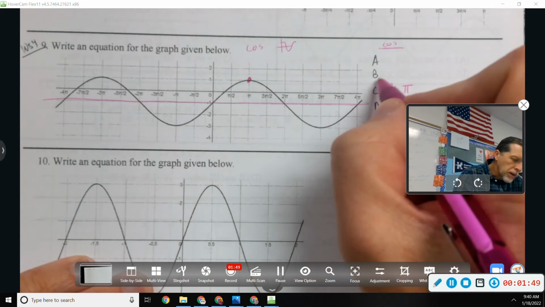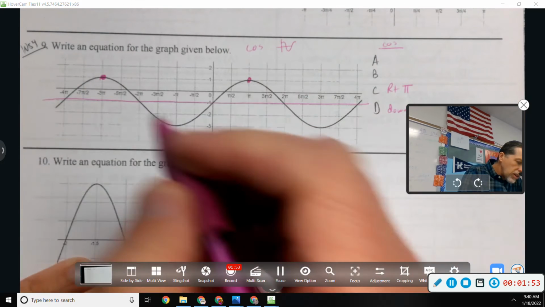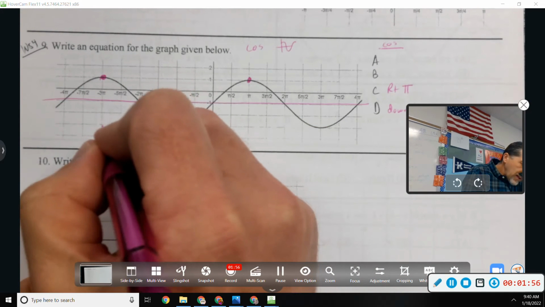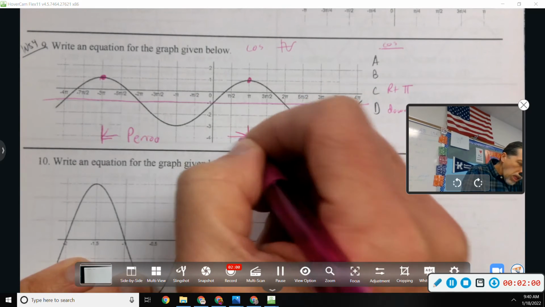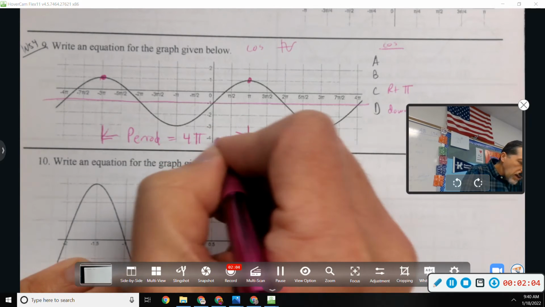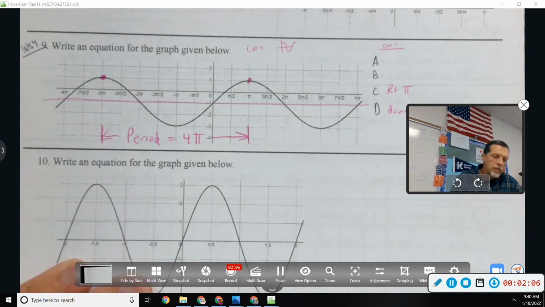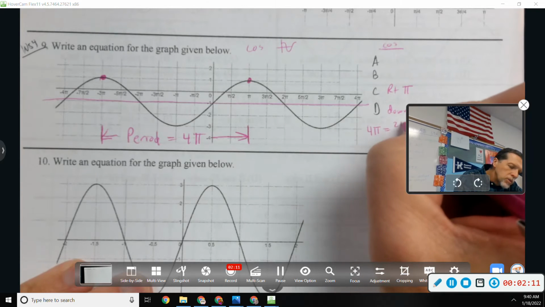I don't see where it reaches a max over here, but I do see the other max over here. So from max to max, that's the period. And from negative 3 pi to pi, that would be 4 pi. So the period's 4 pi. That means 4 pi equals 2 pi over b.